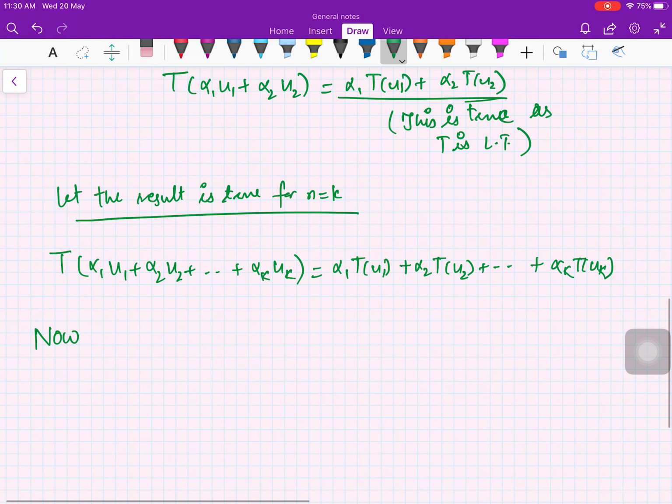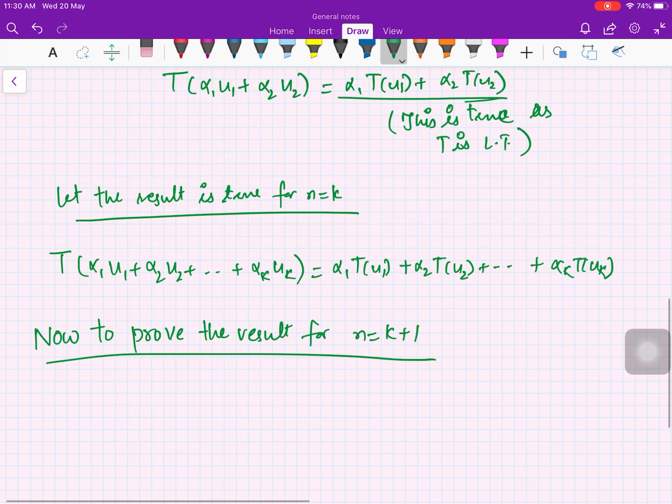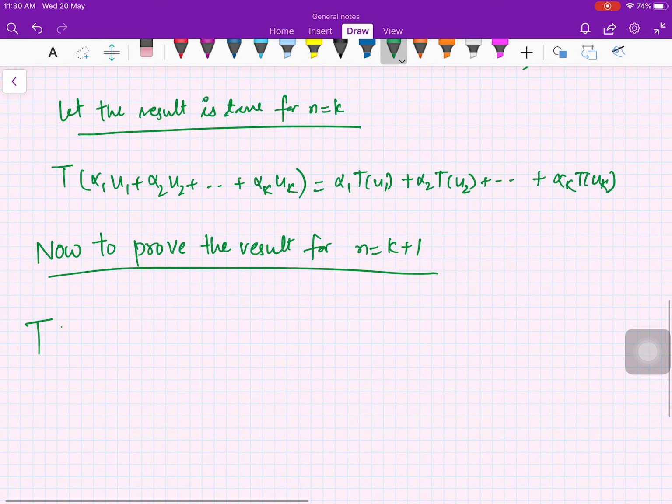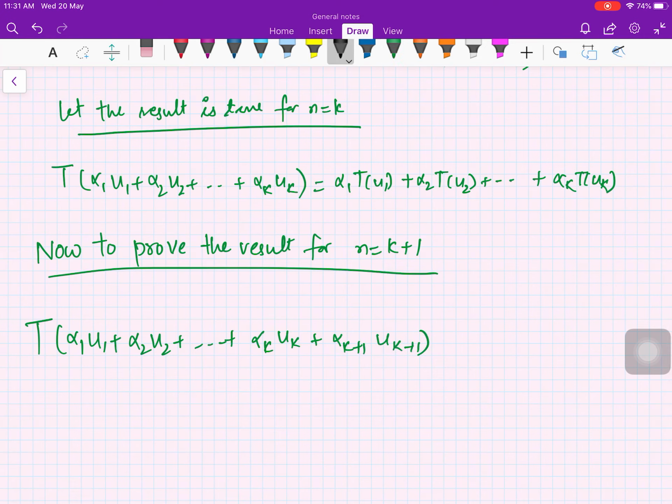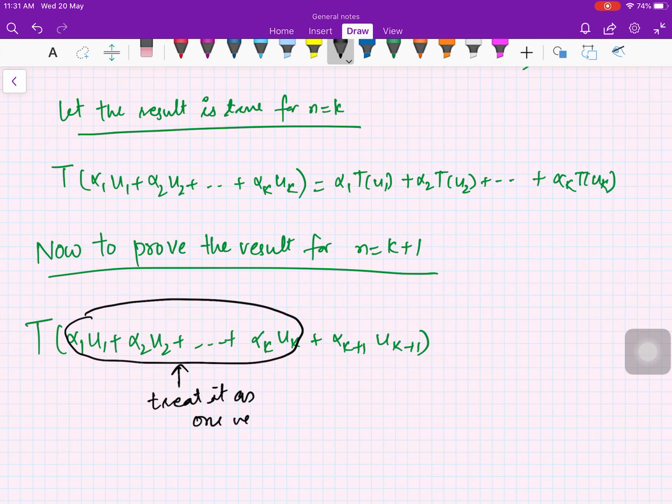Now to prove the result for n equal to k plus 1, you start with T of alpha 1 U1 plus alpha 2 U2 plus so on alpha k UK plus alpha k plus 1 UK plus 1. What you will do is consider the first quantity and treat it as one vector, say V. Then this is equal to T of V plus alpha k plus 1 UK plus 1.